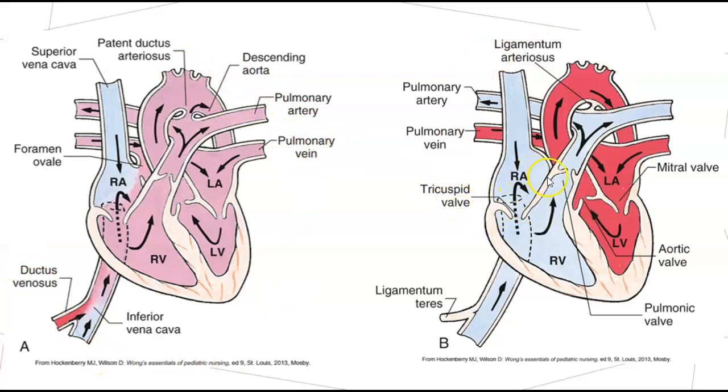The foramen ovale that connected the right atrium and the left atrium closes, right? And then the ductus arteriosus up here that connected the pulmonary artery and the aorta also closes, and it turns into the ligamentum arteriosus. So your foramen ovale closes and your ductus arteriosus closes, and so that causes normal circulation.